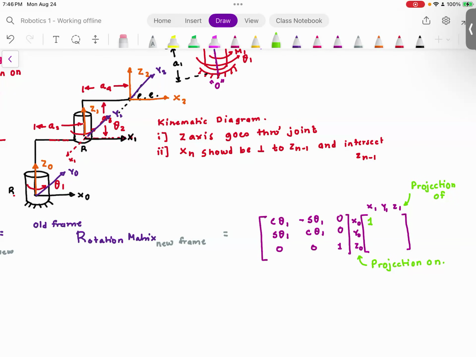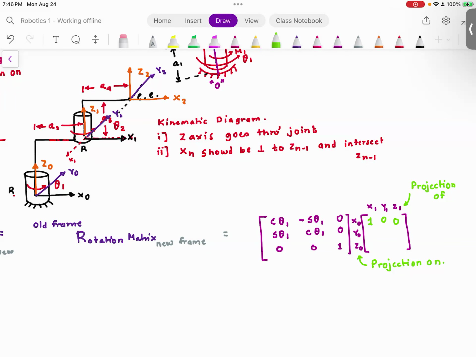They are perpendicular, so y1 has no relation whatsoever with x0. So 0. z1 has no relation whatsoever with x0. Then go to projection of x1. Can someone tell me what is the projection of x1 onto y0?